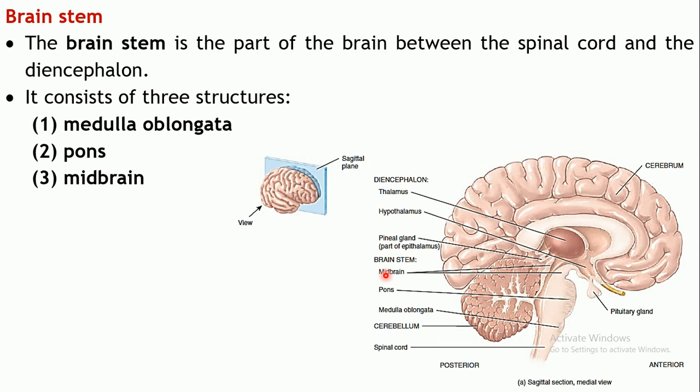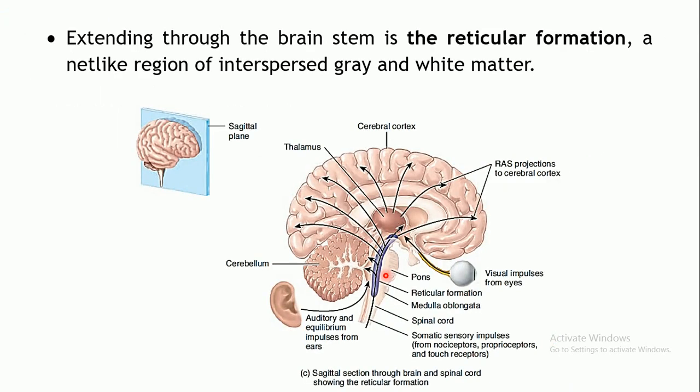These are the three main parts of the brain stem, and extending through the entire brain stem is the reticular formation. It is nothing but a network of gray matter and white matter.